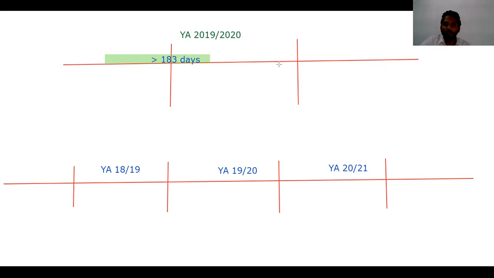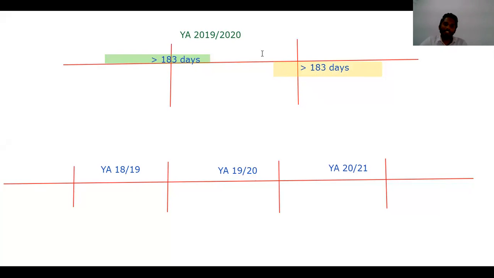Ending part. Let's say he starts for only 1 month in this particular year, and he will complete the 180 days next year, at the ending. In that case, you can also say he is a resident because he exceeded 180 days.